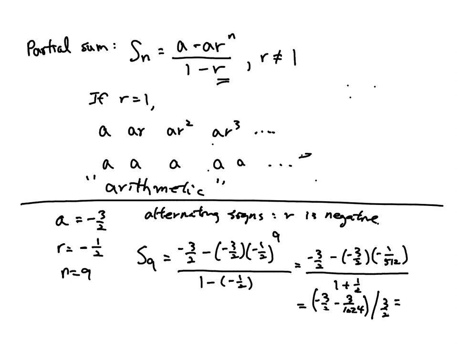And this is negative 1539 over 1024 divided by 3/2. I end up getting negative 513 over 512 as the sum.